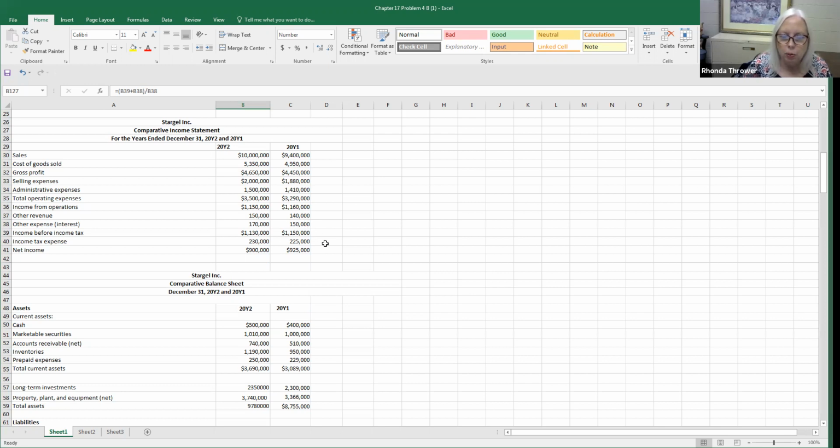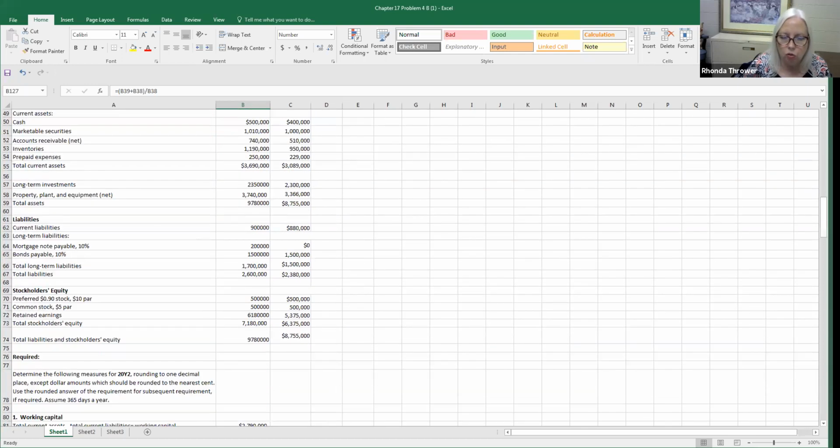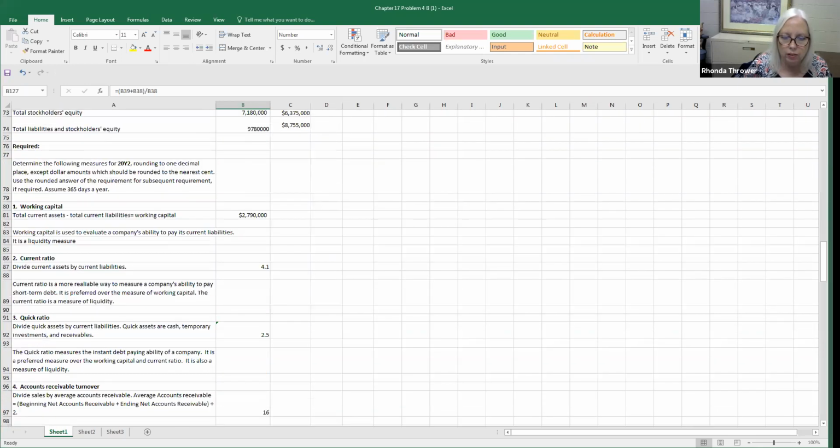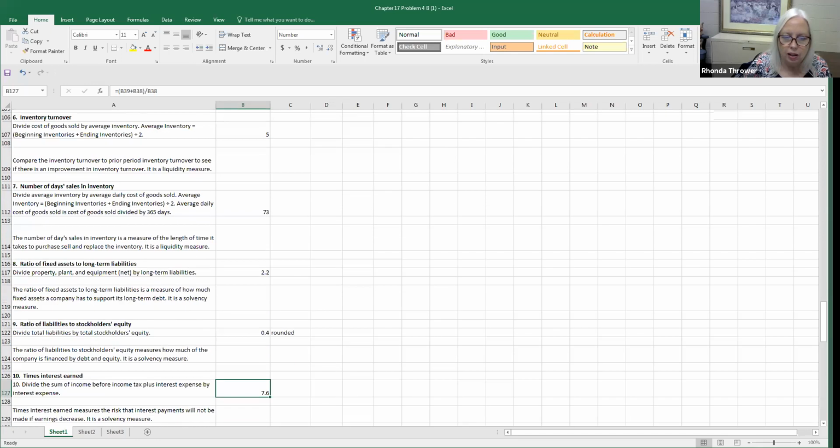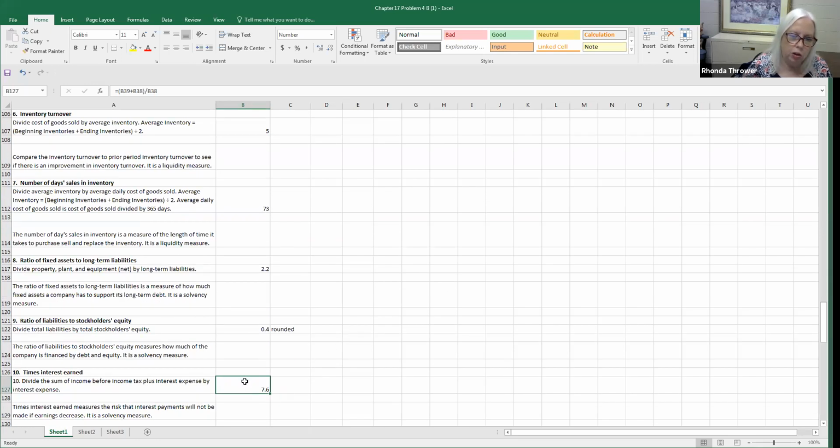So you'd want to compare the 2 years to see whether the times interest earned went up or it went down. In this case, we really can't tell because we only did 1 year's figures, but you would do both of them and compare the two to see about the company's ability to pay back their interest.